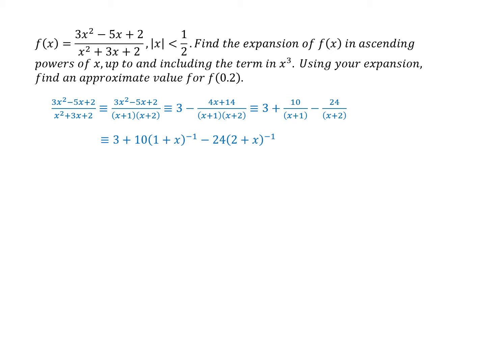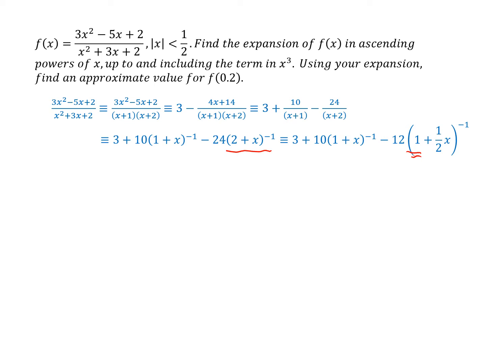because this is now 3 plus 10 times (1 plus x) to the minus 1, minus 24 times (2 plus x) to the minus 1. Now, before I can apply the binomial expansion to this (2 plus x) to the power minus 1, I have to extract out the 2 as a factor so that I've got a 1 here.